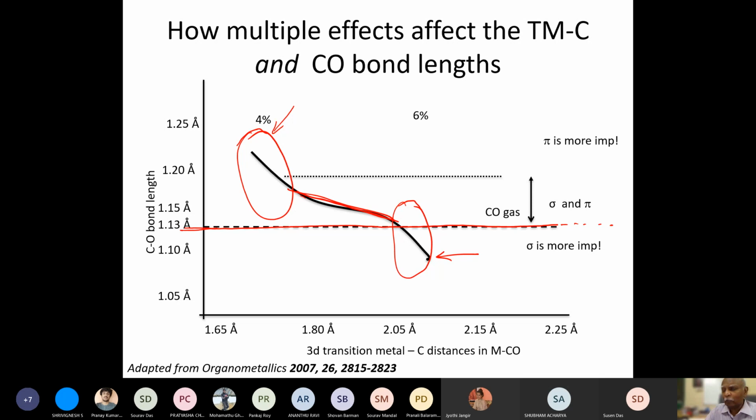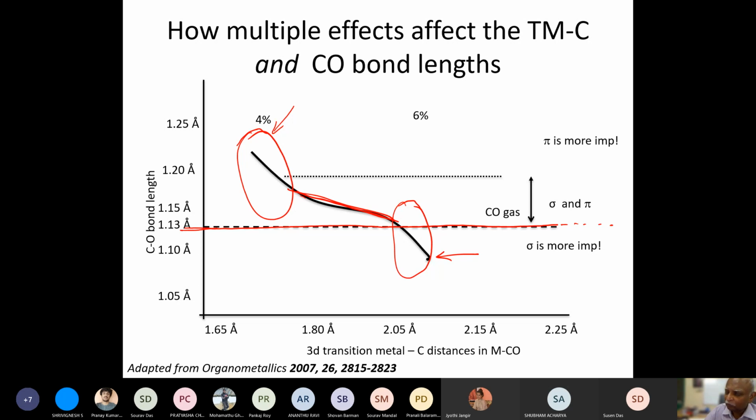So if one assumes, it's just a qualitative argument, but it makes a lot of sense, that as I remove the metal away from the carbon monoxide, the overlap is going to be less and less. And the pi overlap is going to fall away faster than the sigma overlap.